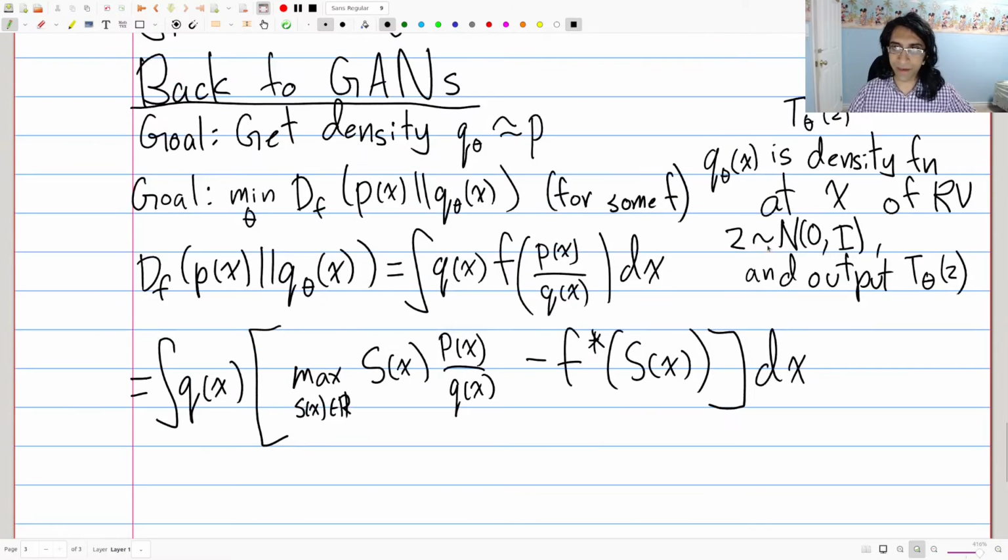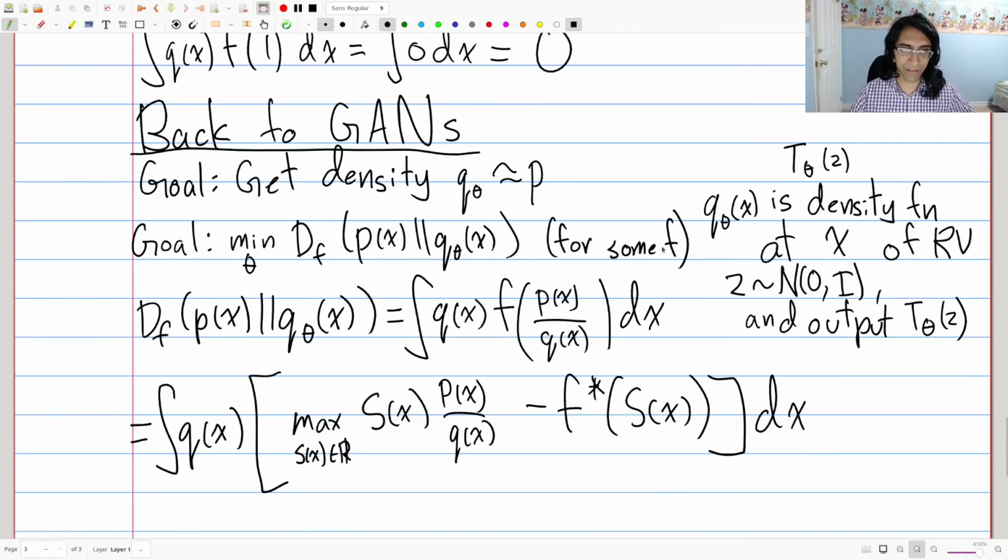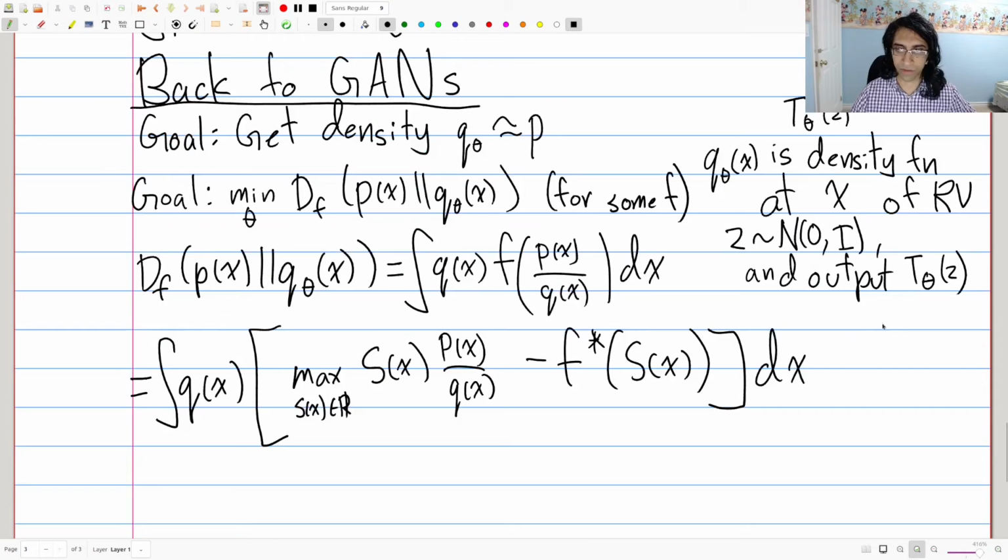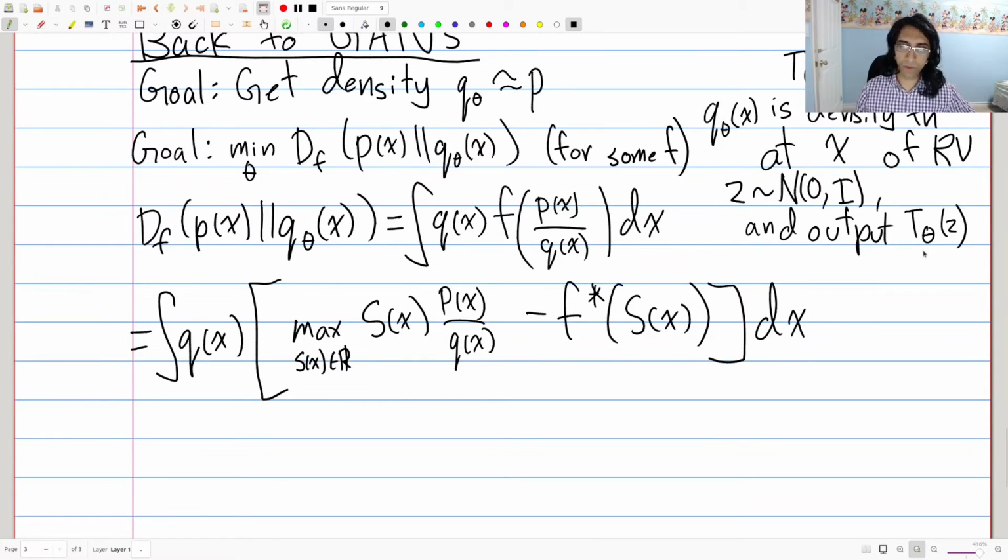So let me say what exactly I did. Like I said, in the case where we have an f that is convex, which is the case here, because when we're dealing with an f divergence, we're always going to deal with an f function which is strongly convex, in fact, which is even stronger than convex. Well, the observation we can make is that f is equal to f star star. So now how do you write f star star?